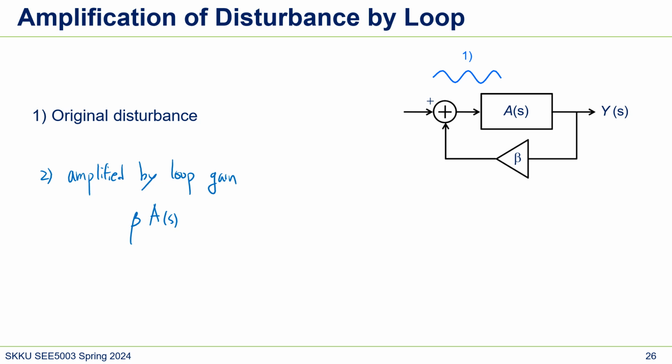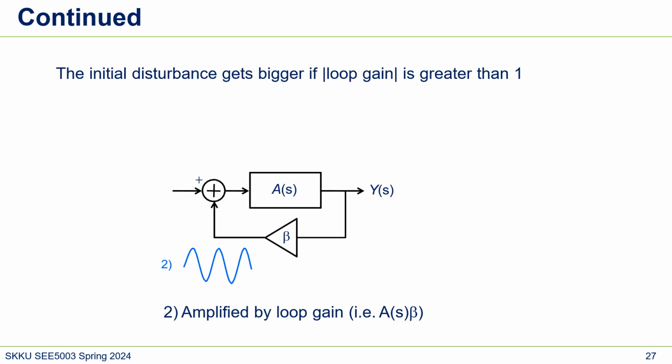So the output of this loop gain is, let's say, amplified, and then there's also the input, right? And if their phases match, then they get a bigger signal.